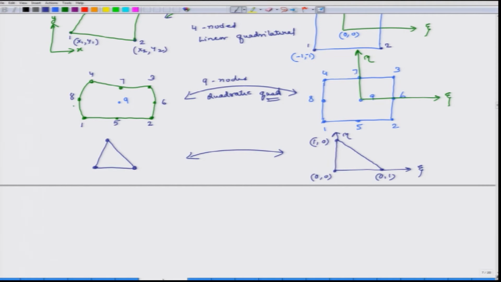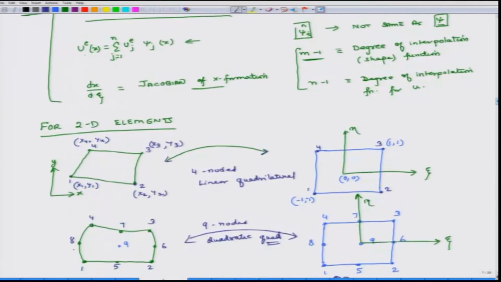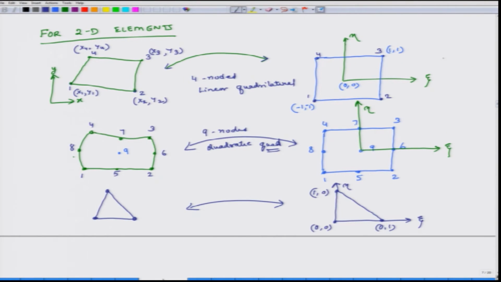This is 3-noded, but I can also have a 6-noded which is a quadratic triangle. Okay. So this is the master element. These are master elements. And we do numerical integration on master elements. Gaussian integration quadrature is performed on master elements.